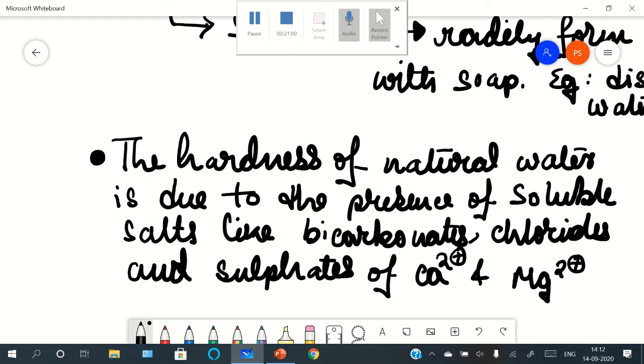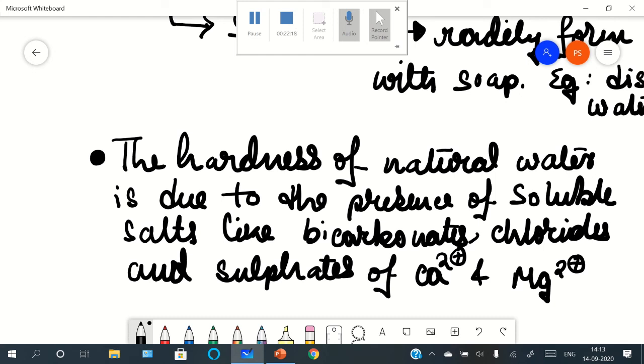When you boil normal water, the bicarbonates of calcium and magnesium decompose to carbonates, which precipitate out of the water, and carbon dioxide evaporates out of the system. Thus the bicarbonates can be boiled out.